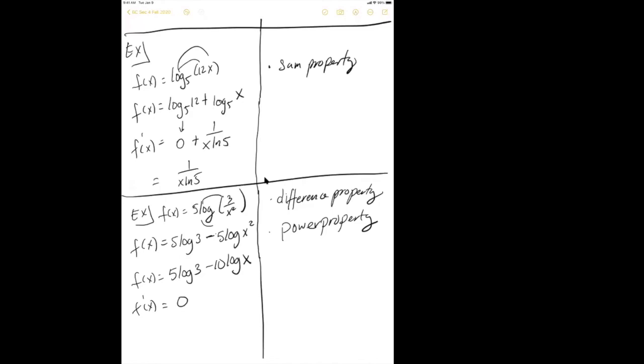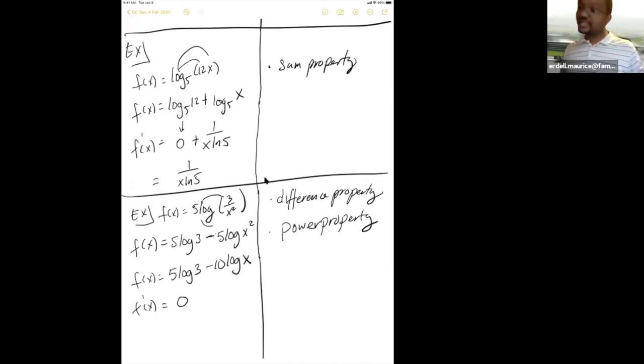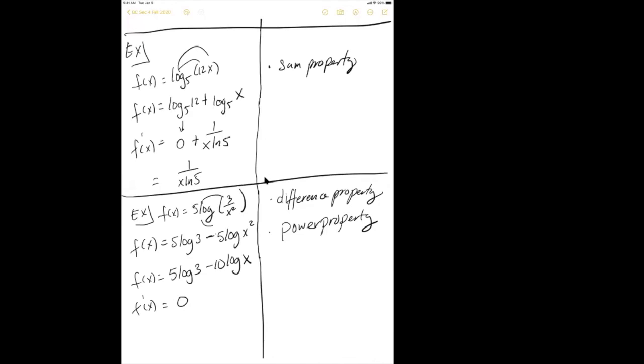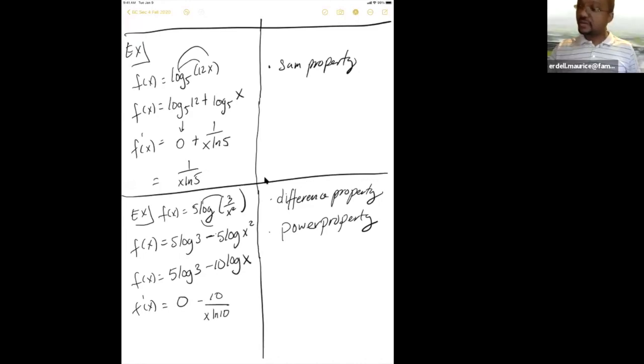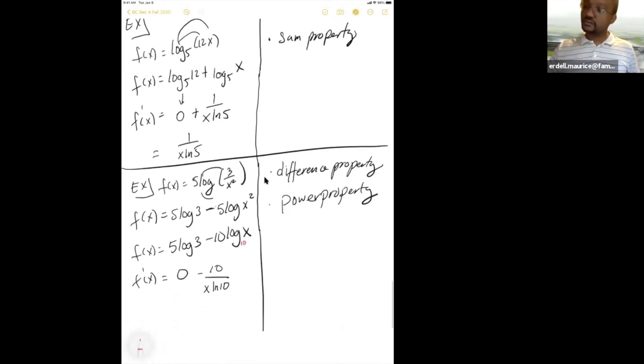Wouldn't it be negative 10 over x ln 10? Remember, the base is hidden. The base is 10. And so my final answer is negative 10 over x ln 10.